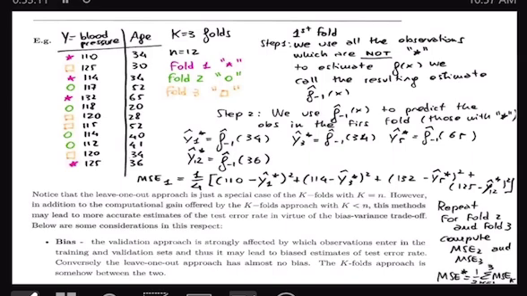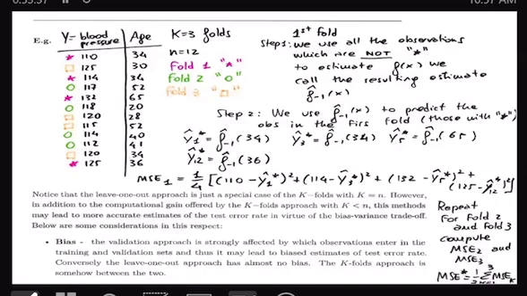Take a look at that, and we're going to proceed this way. I'm going to have Fold 1 up to 3. In this case, I'm going to compute the mean-square error. I'm actually going to have 3 mean-square errors in this regard. I'm going to find the average of the mean-square errors, and that is how cross-validation works.